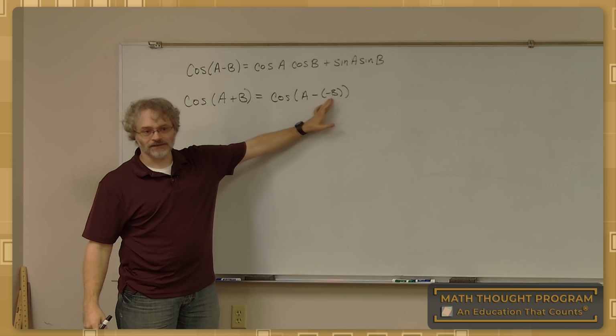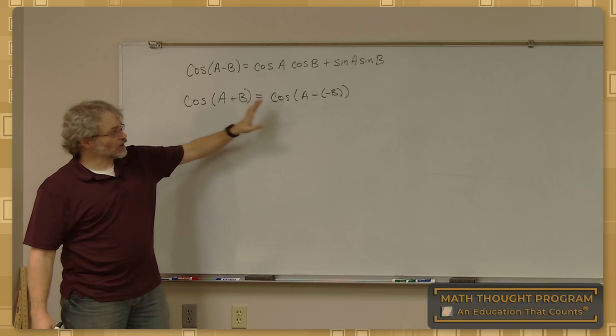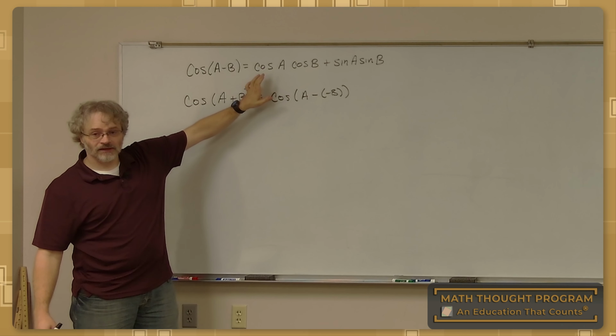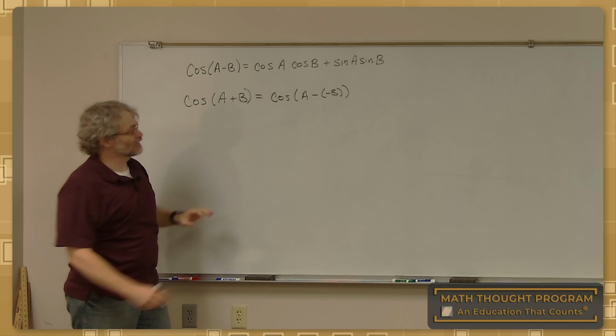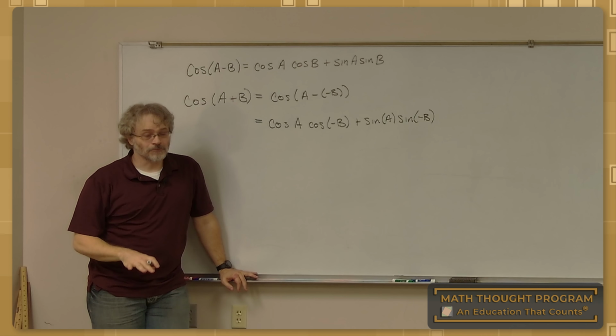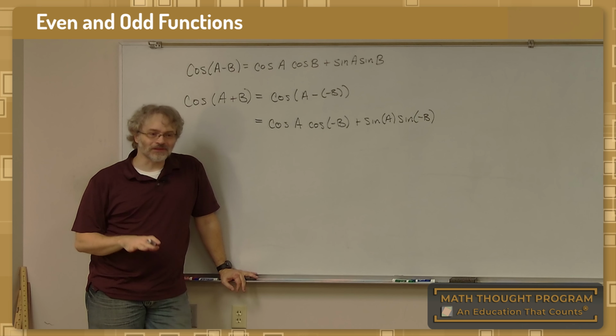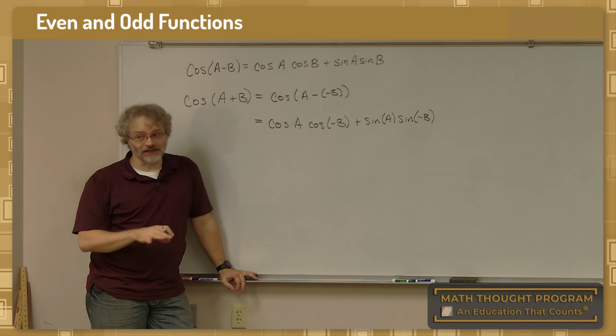What's a minus times a minus? Positive. And by writing it in this form, it allows me to use this identity. This begs the question, what's going on with negative angles for cosine and for sine?